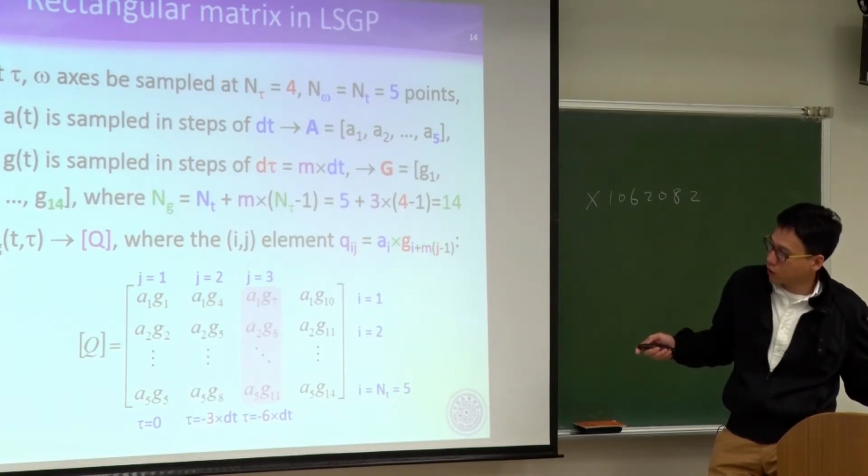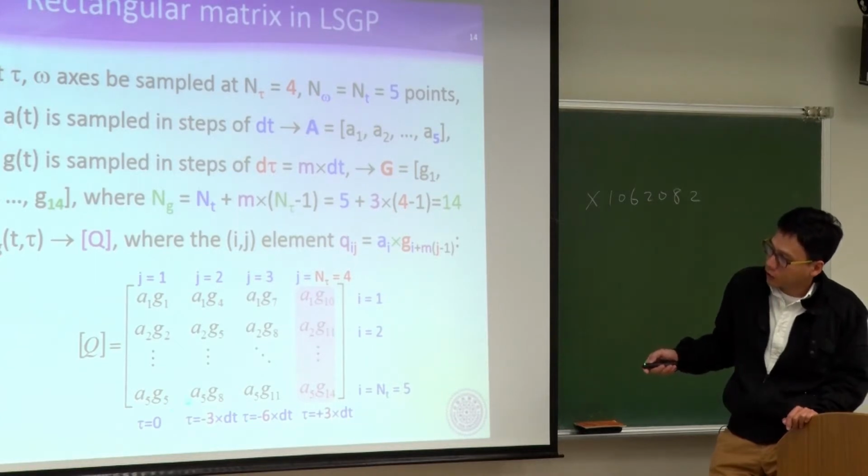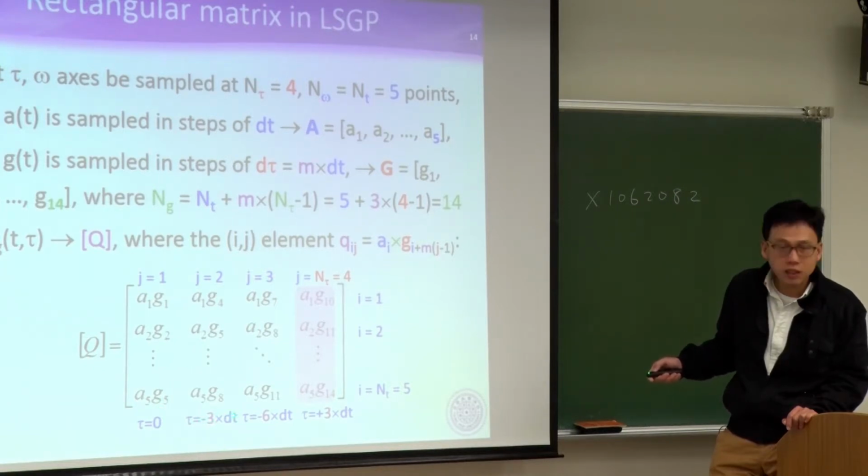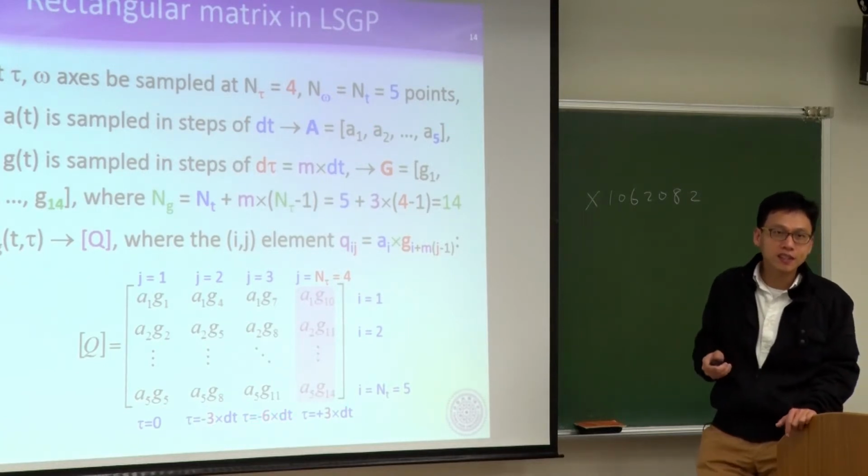Then you have j equals 3, j equals 4, and you can check the first column means A sub sig when delay equals 0, second column means when delay equals minus 3 dt, third column delay equals minus 6 dt, and so forth.